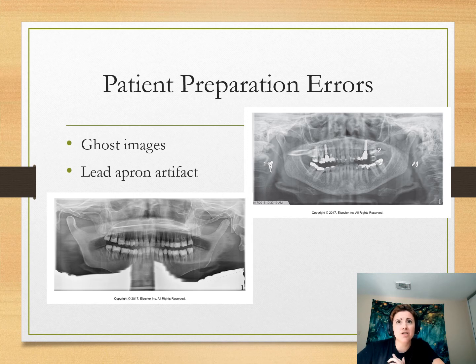I'm not really sure what kind of earrings this patient was wearing. Maybe they were wearing two totally different ones. I don't know. And then in the bottom image, you can see this big white mass right on the bottom. That is a thyroid collar, because whoever took this pano put a thyroid collar on their patient before they took the pano, and it covered up part of the structures we're supposed to see.